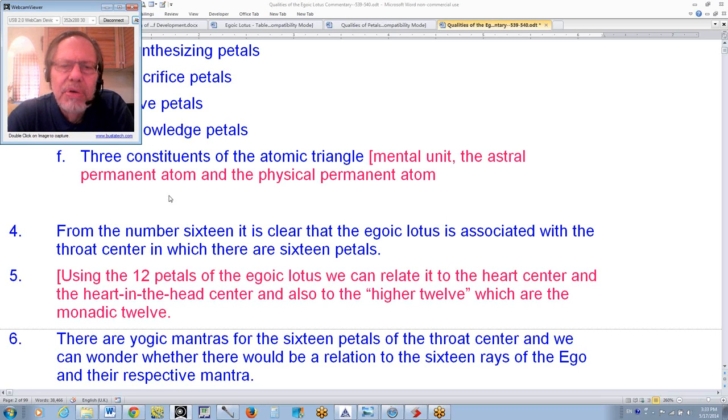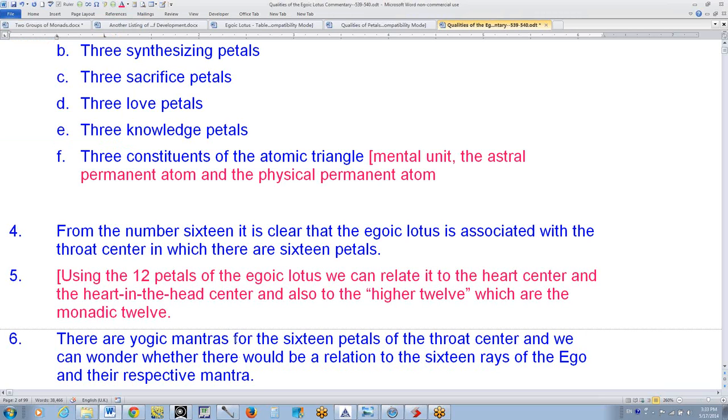There are yogic mantras for the 16 petals of the throat center, and we can wonder whether there would be a relation to the 16 rays of the ego and their respective, well, maybe we'll just say mantrams.